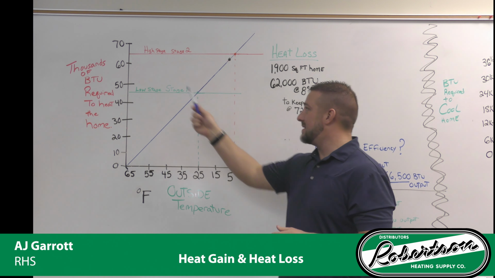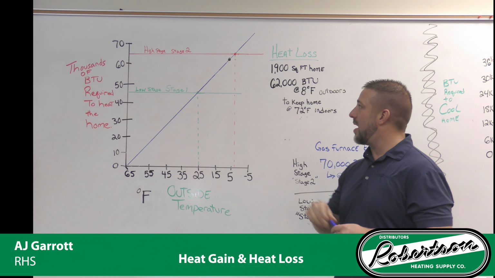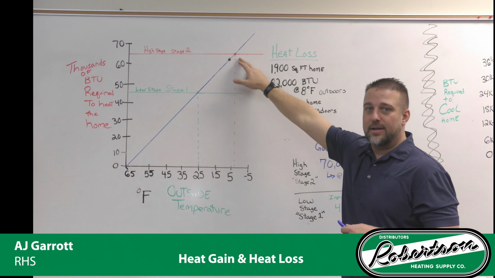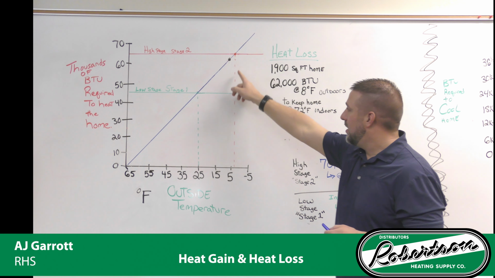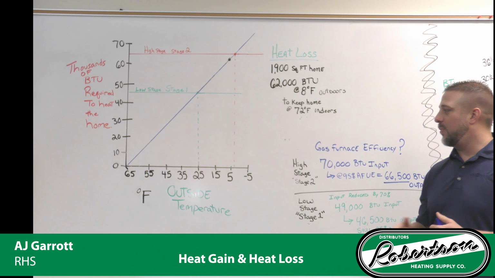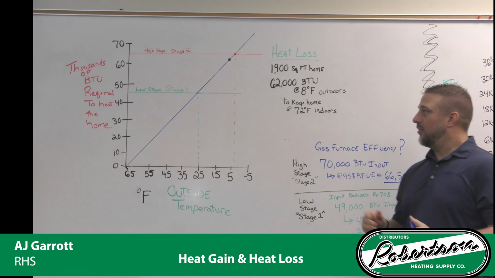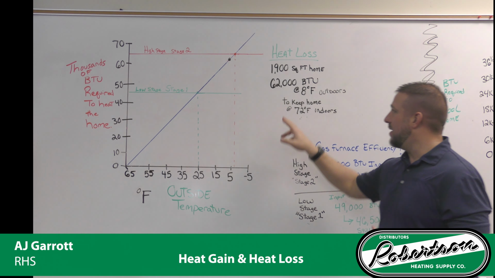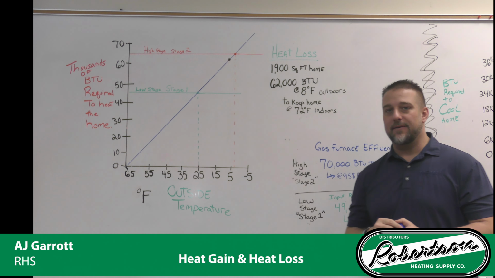We find the 66,500, we come across, plotted on our red line right here. And we find that 66,500, drawing a straight axis down, will heat the house up when it's approximately 4 degrees outside. So we know we have actually covered our 62,000 BTUs at 8 degrees Fahrenheit.